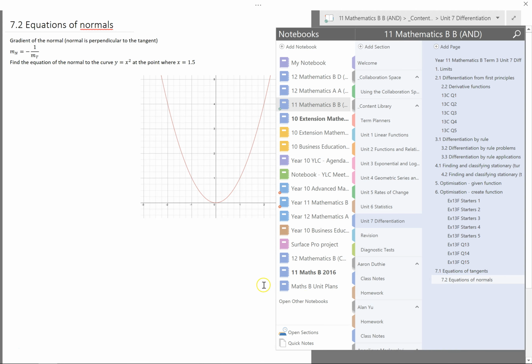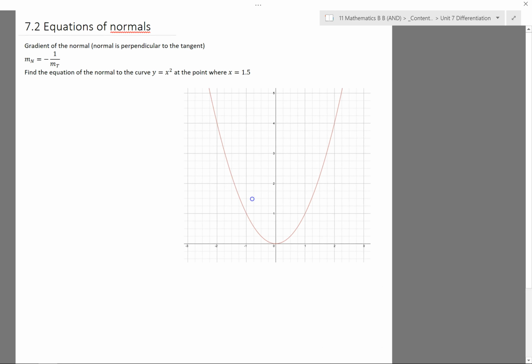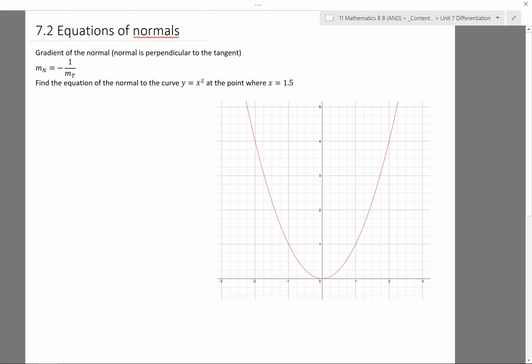We also need to be able to find the equations of normals. So here's the same scenario, same equation. This was the equation of the tangent. The equation of the normal is the one that's at right angles to this. So there's a right angle there.